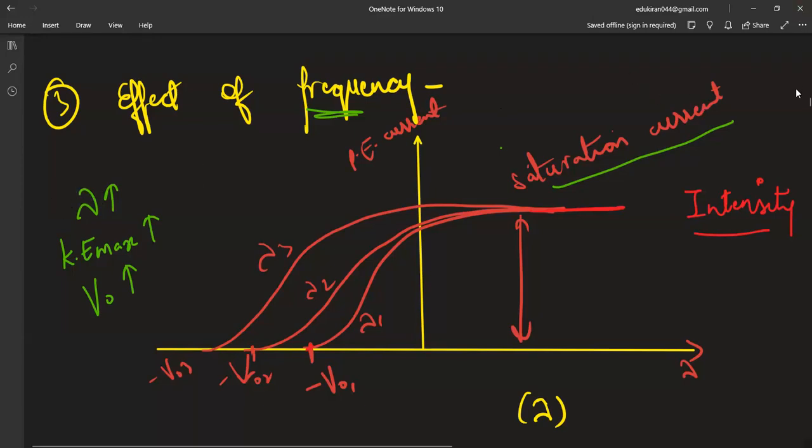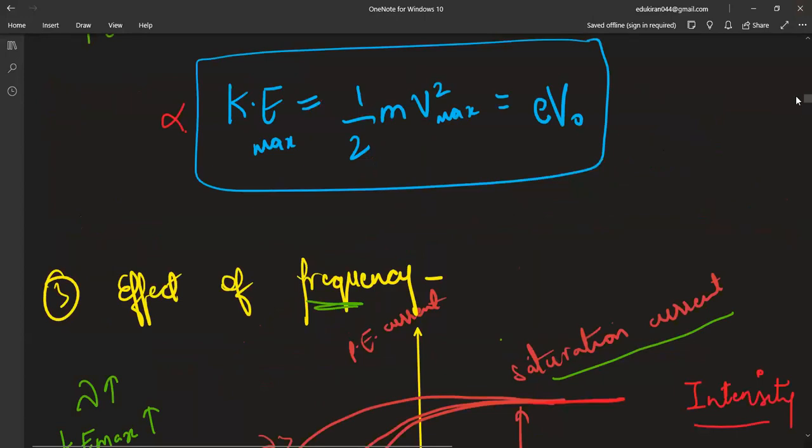Look, one thing I'll tell you. Frequency multiplied by wavelength gives the speed. All right. If frequency increases, speed increases. Agree? The formula of kinetic energy is half mv square, so kinetic energy is directly proportional to the square of v.